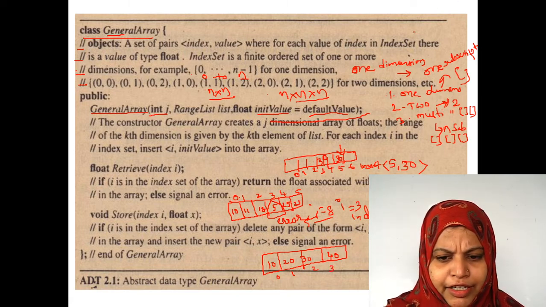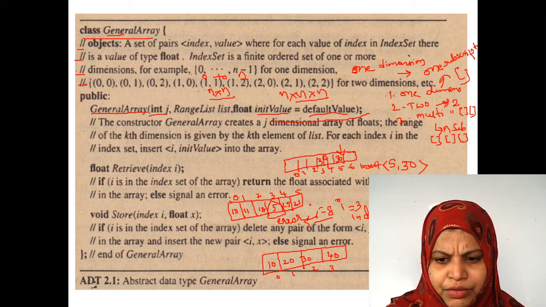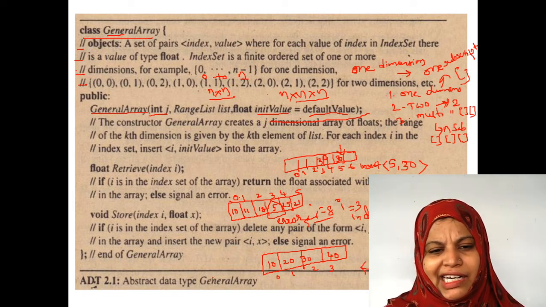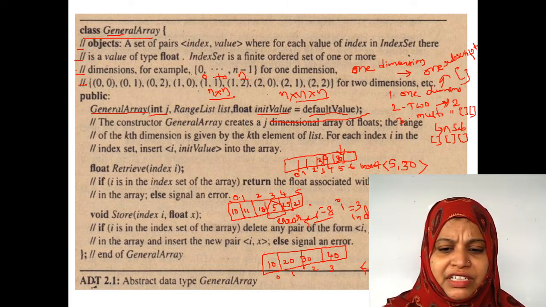Now, I want to store some new information in that particular array. Is it possible to store it in this array? No. Why? Because the elements are already fixed in that particular array.